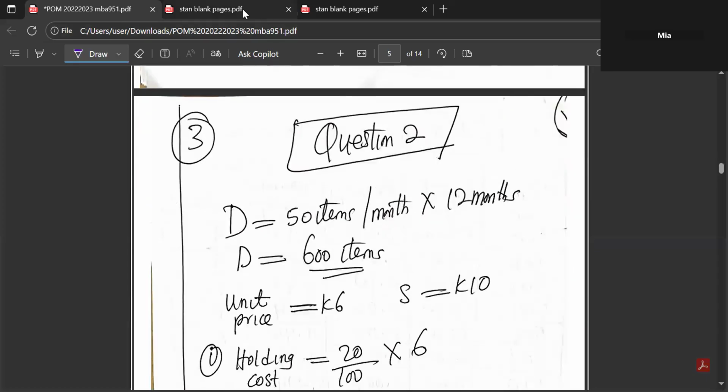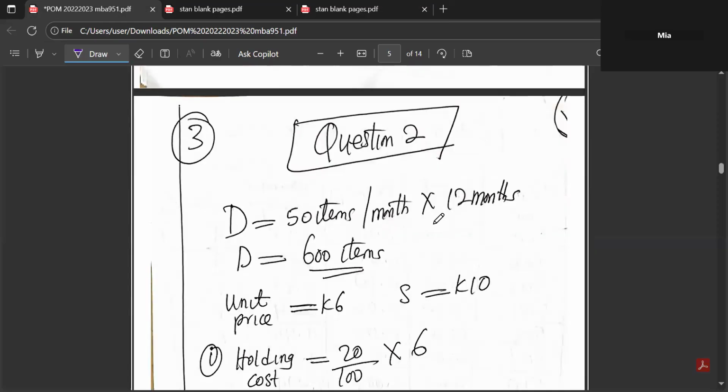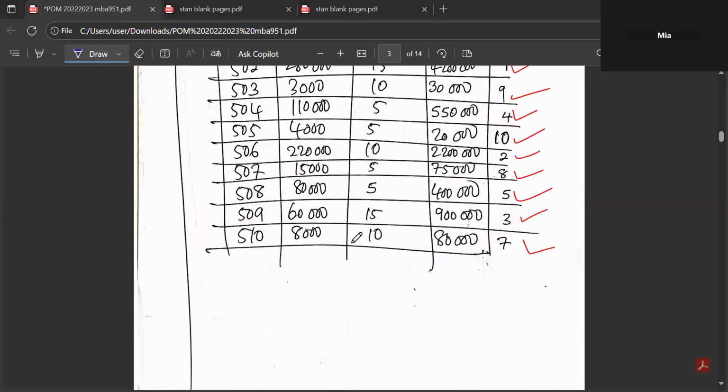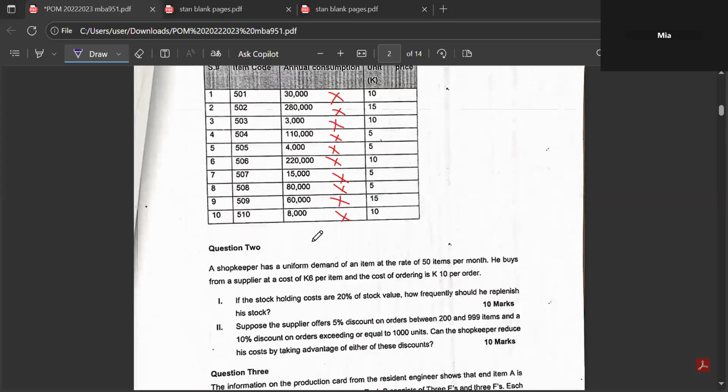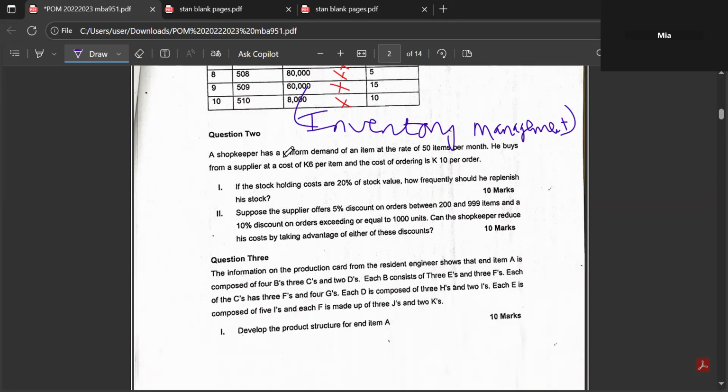Then question two is about inventory management as well. So under this question two, we are saying a shopkeeper has a uniform demand of an item, 50 items per month.